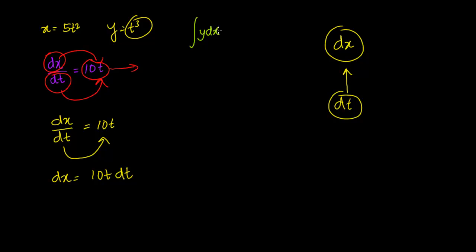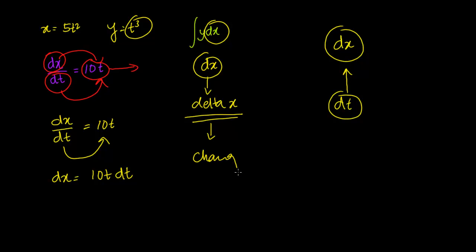Now, you might be thinking that, well, I've never really moved the dx anywhere before. It's kind of new. Well, dx essentially means delta x, and that means change in x. So instead of writing dx, we could have written delta x. But you might be tempted to think that you can't really move these, but you can.